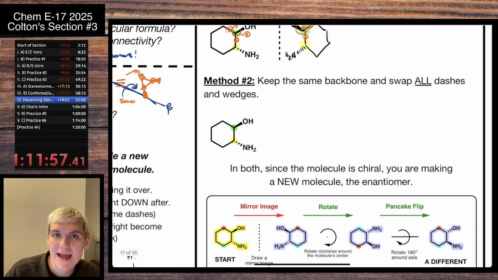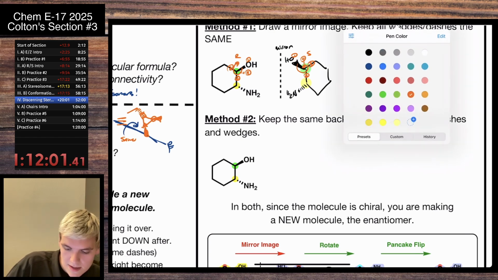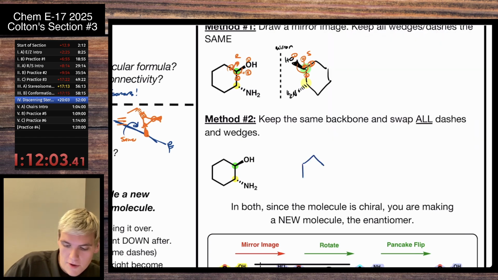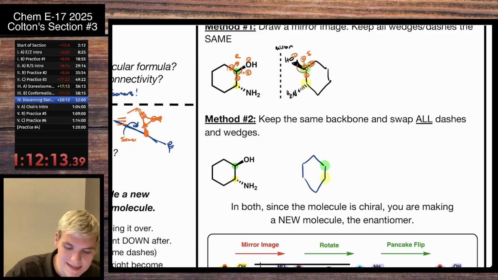But another way, just to have more tools in your pocket, is to keep the carbon backbone exactly where it is. So we're going to keep the yellow and the green on the right side now. And now, keeping the backbone exactly where it is, we're going to swap all the wedges and dashes. So we're going to put the OH on a dash and the NH2 on a wedge.